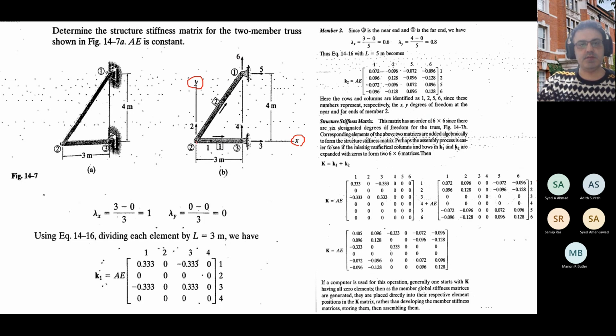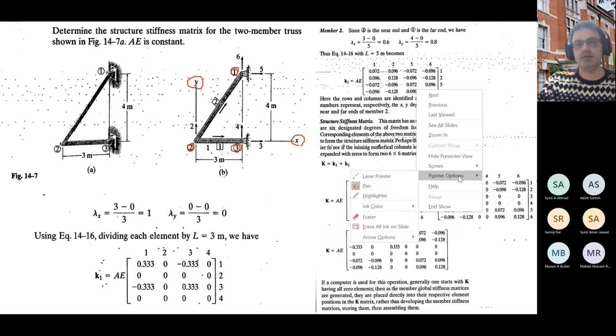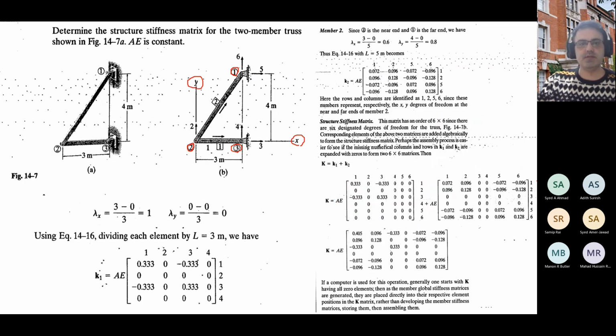And for the first task, I need to number the joints I have. So I have joint number 1, joint number 2, and joint number 3. These are shown by the circles, so they are the joints.